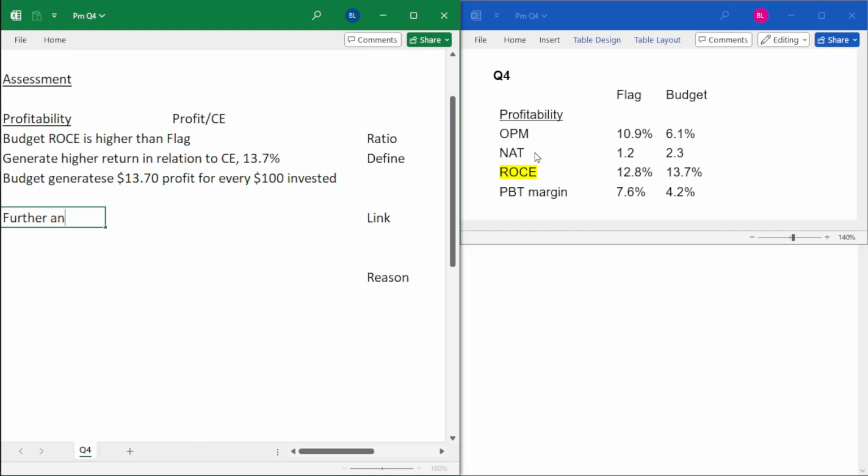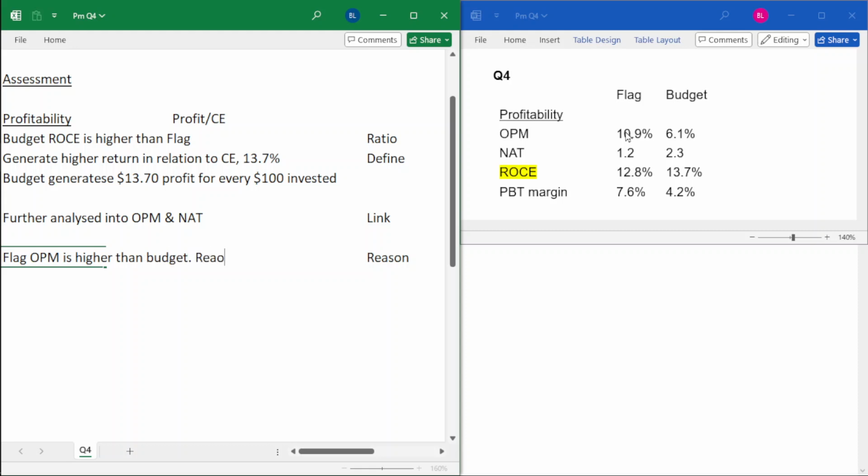So further analyze into OPM and NAT. So let's put a reason. Which one is higher? Flat. Flat OPM is higher than budget.